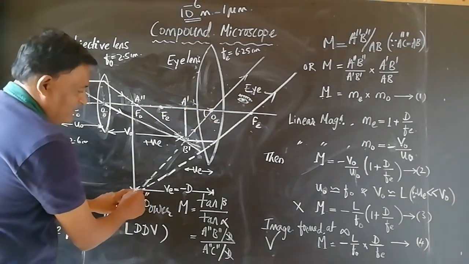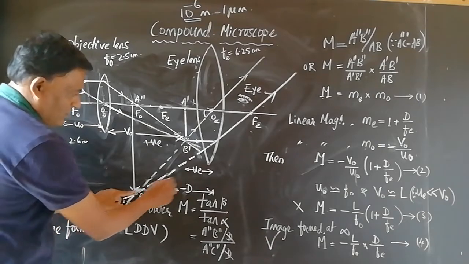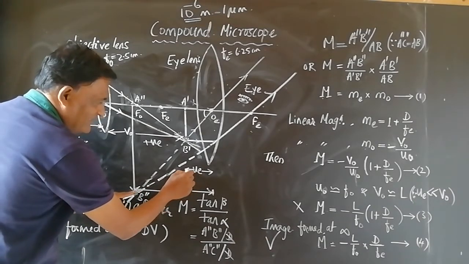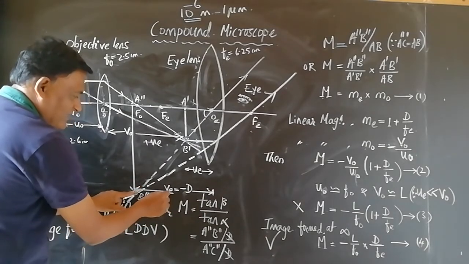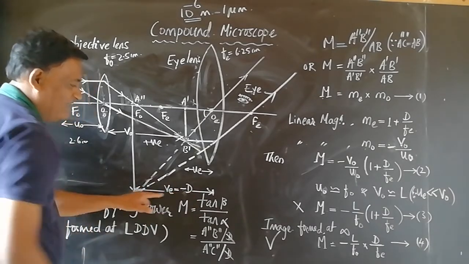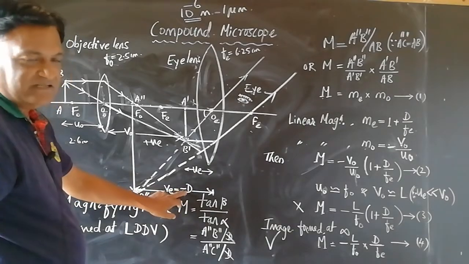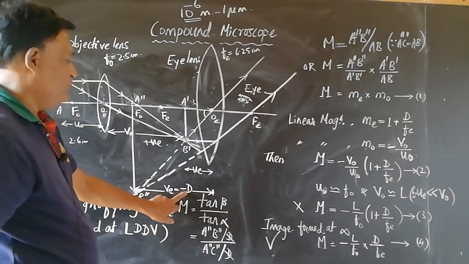And this final image distance for the eye lens, we take it as V_E, and the object distance for the eye lens is U_E, and V equals minus D, where D is the least distance of distinct vision.